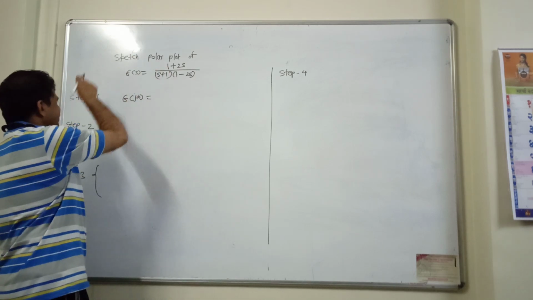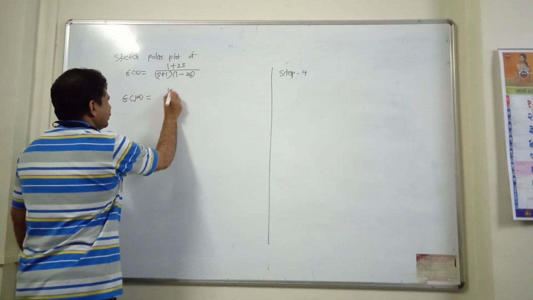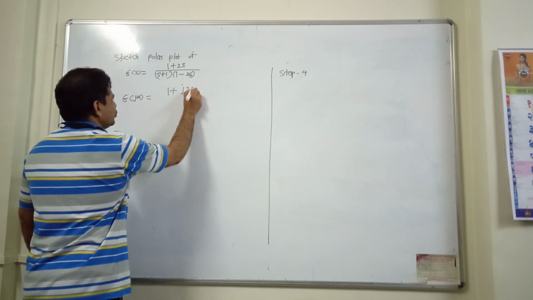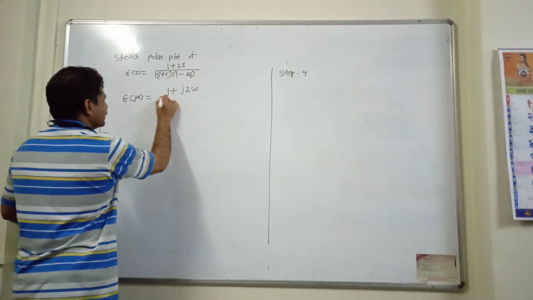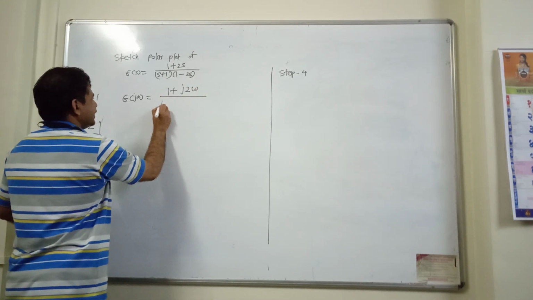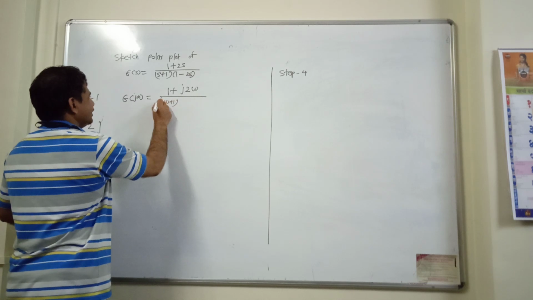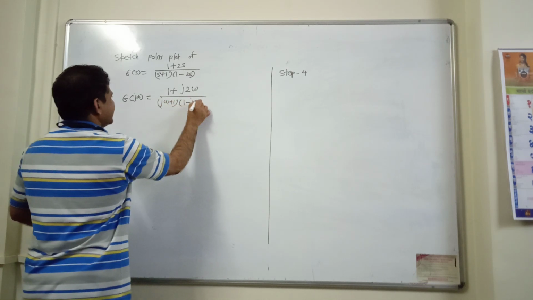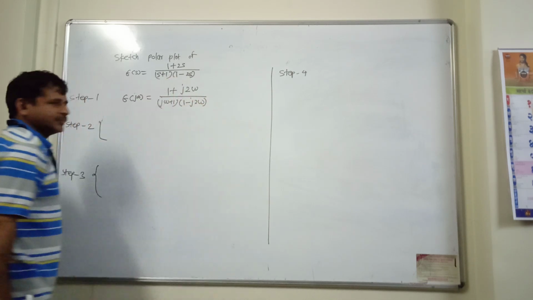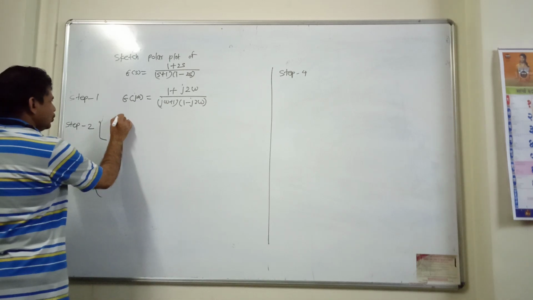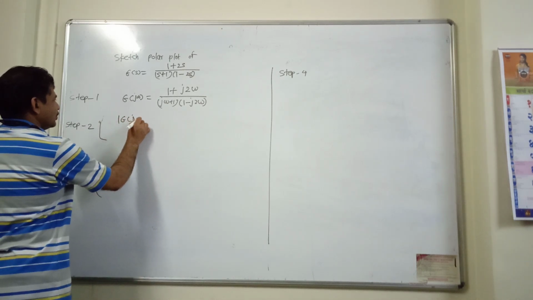In this case, again step 1 is same: 1 plus j2 omega, and in the denominator j omega plus 1 into 1 minus j2 omega. Step 1 is over. In step 2, we will find out magnitude.